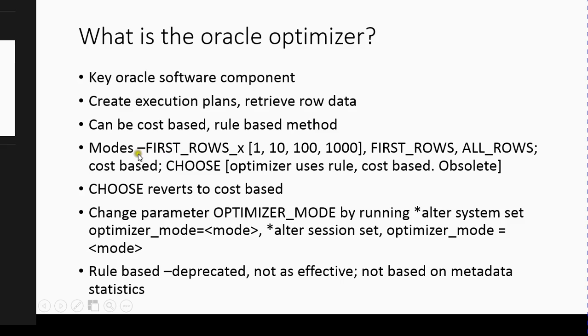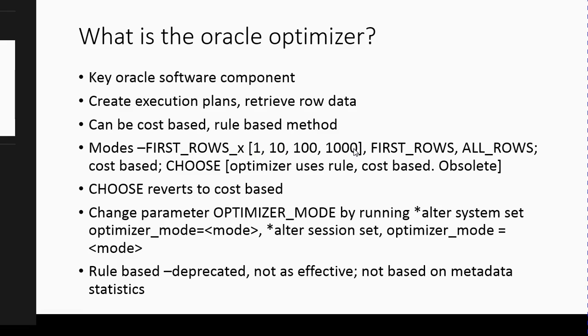In terms of the modes, how you enable the cost-based and rule-based is you would put in optimizer mode, and then type in first rows, where the X stands for the number of rows. So if you wanted just the first row inside the table, the first 10 rows, the first 100 rows, or the first 1,000 rows, you can do all those things.